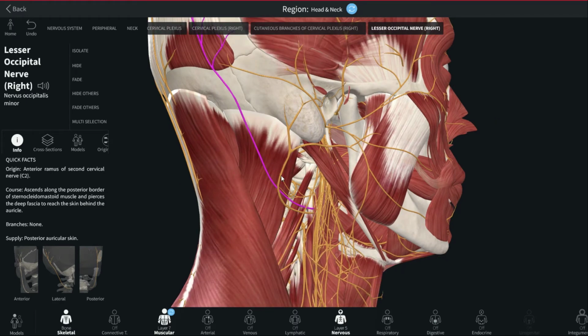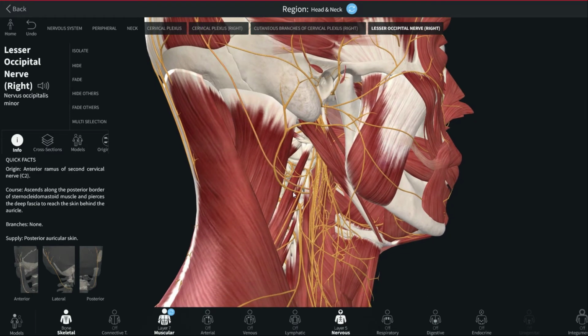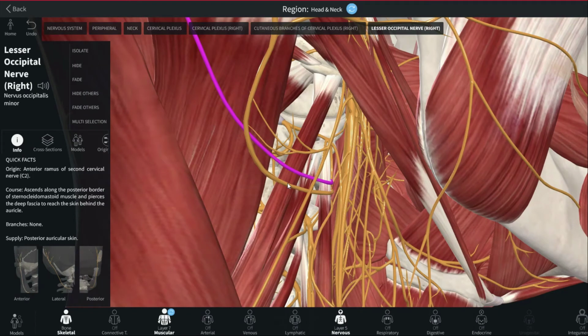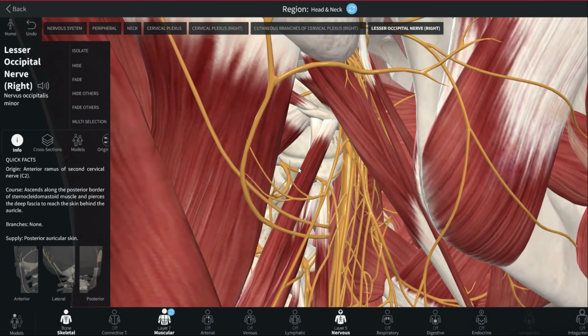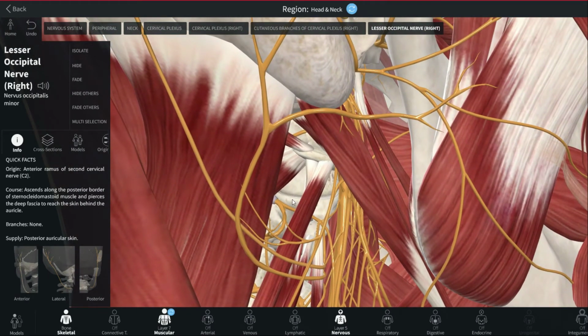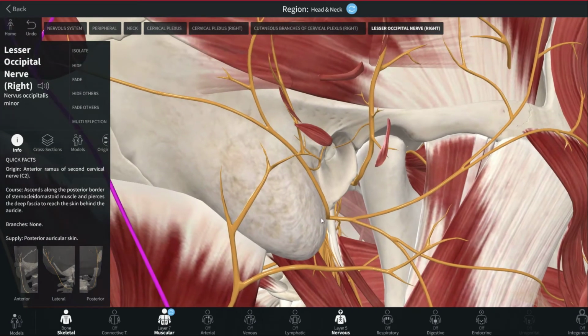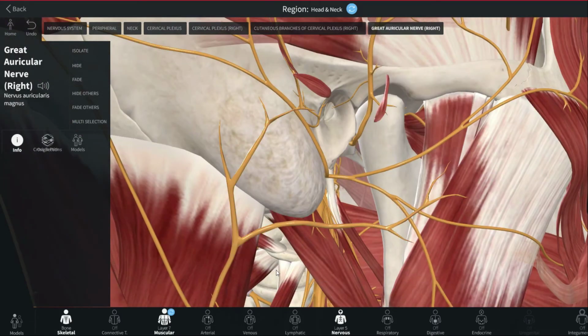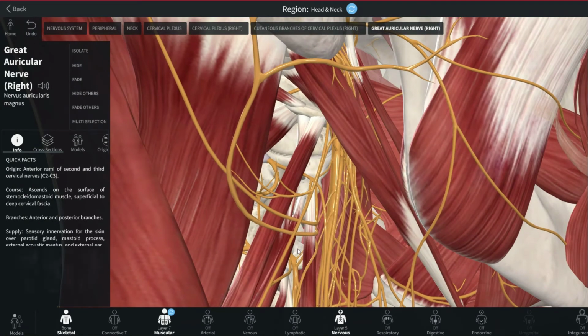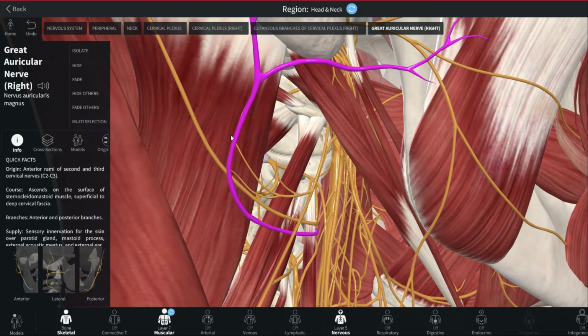Then, almost parallel to it, you can already see we have another nerve. And how do we know that that is the great auricular? Because it is going around to the auricular region over here. So this has got to be the great auricular nerve, and it is emerging parallel to the lesser occipital nerve, right?